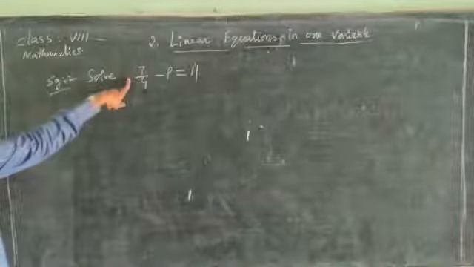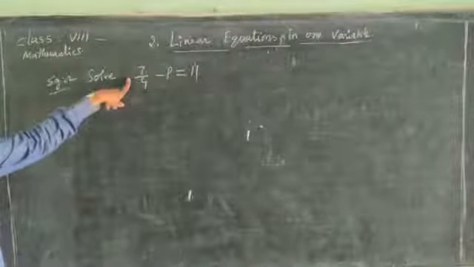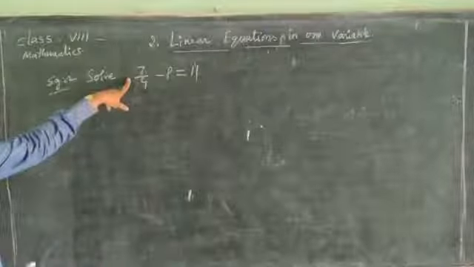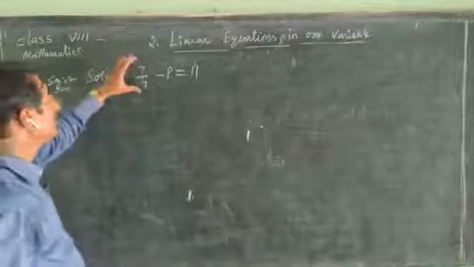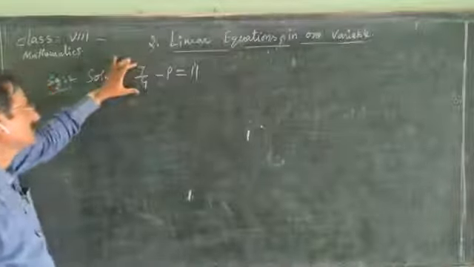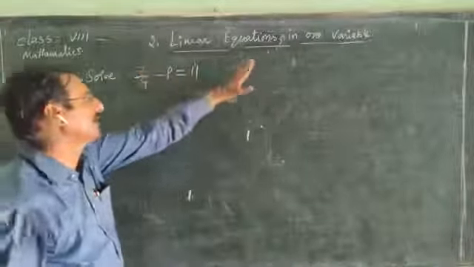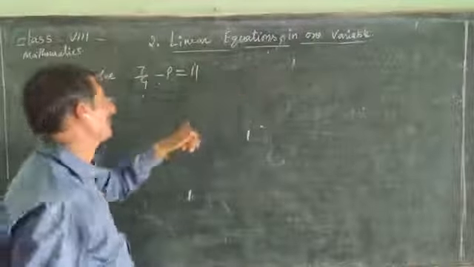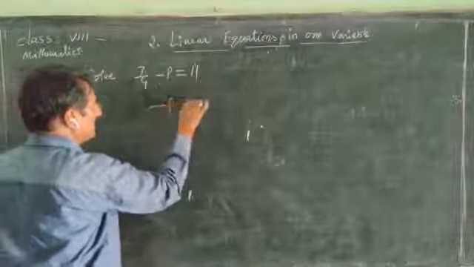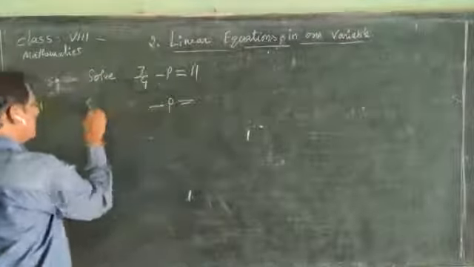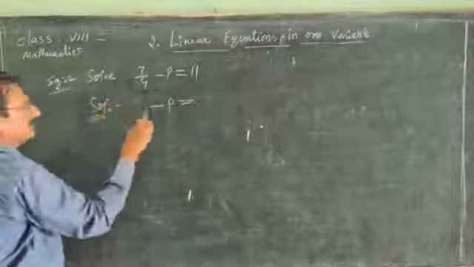It is a plus; if any sign is not given, generally we take it as a positive term. So when we transfer this 7 by 4 to that side, it becomes minus 7 by 4. Only minus p equal to remains on the left side.